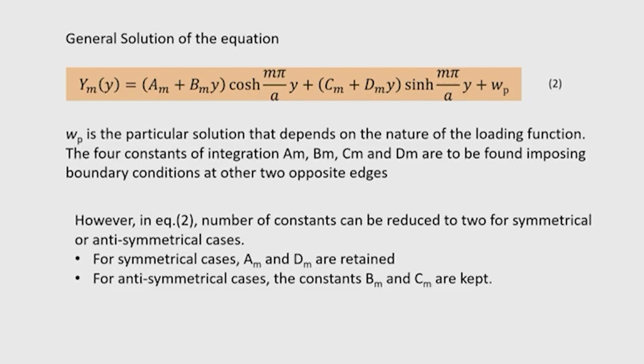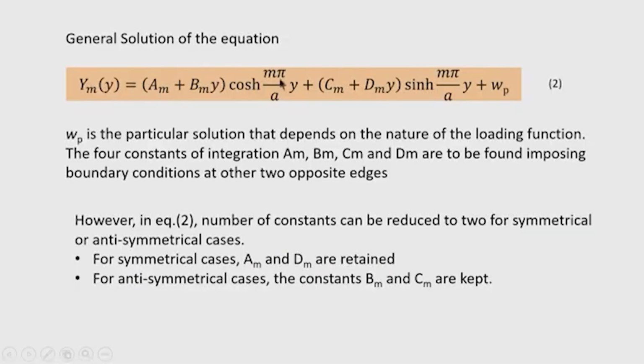But one interesting thing you can see here is that cosh(mπy/a) is a symmetric function, and sinh(mπy/a) is an antisymmetric function. So when the loading conditions and support conditions are symmetrical with respect to the x axis passing through the center of the plate, there is no need to retain any antisymmetric term in the deflection expression.